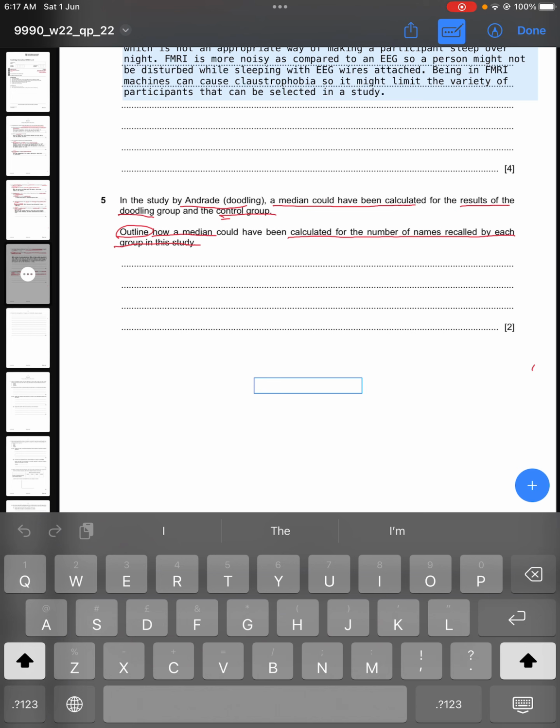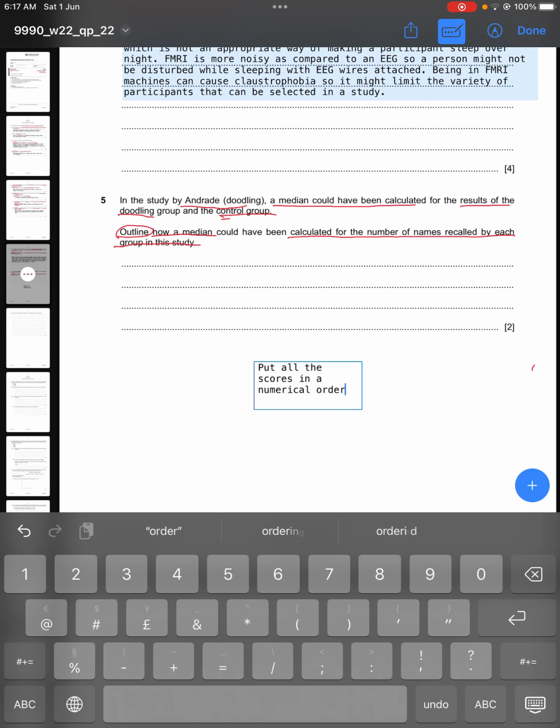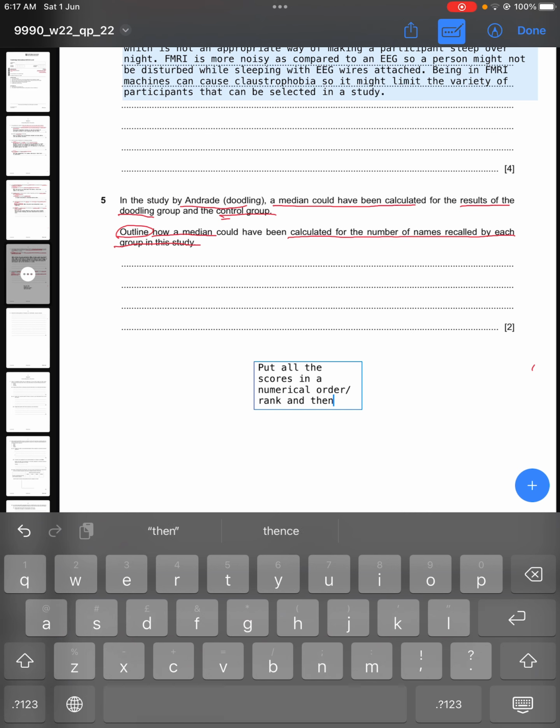So what you simply needed to do was put all the scores in numerical order or a rank, and then find the middle score.